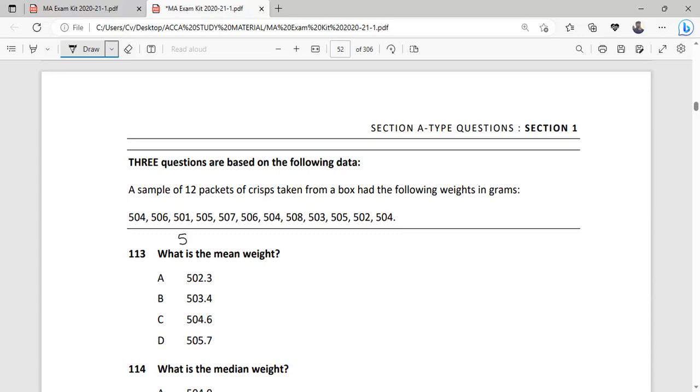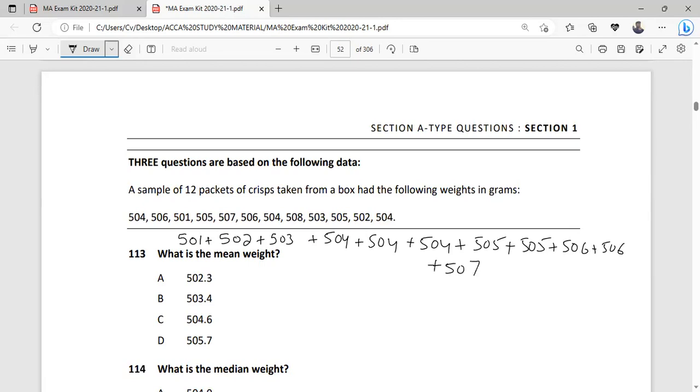We will start from this 501 plus 502 plus 503 plus 504, 504 once again, then plus 504 once again, plus 505, plus 505 another one, plus 506, plus 506 another one, and plus 507 just once.